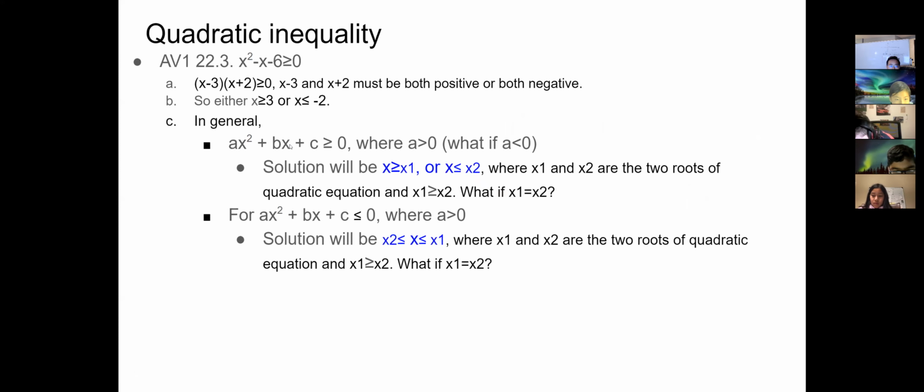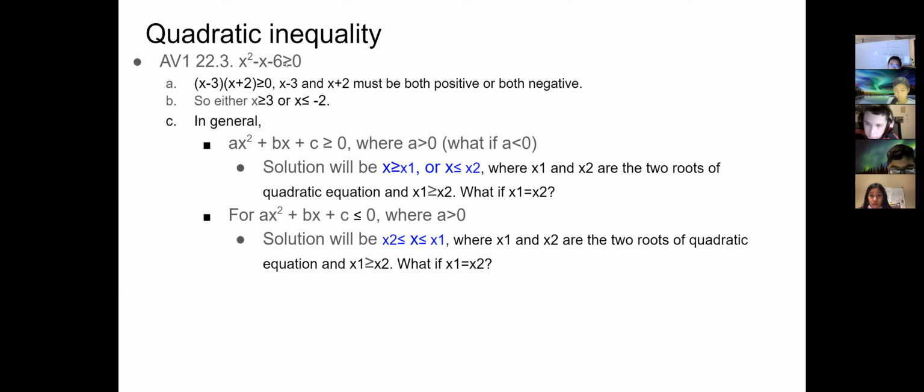I'm going to skip all these and go directly into inequality. We just introduced the quadratic equation, but let's talk about quadratic inequality. Let's take the example x squared minus x minus 6.